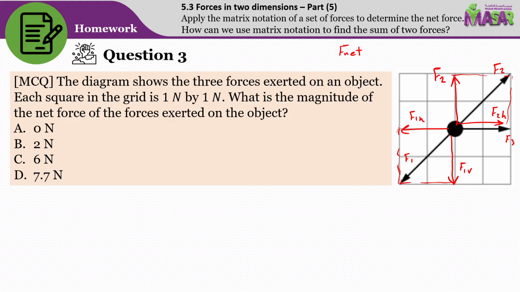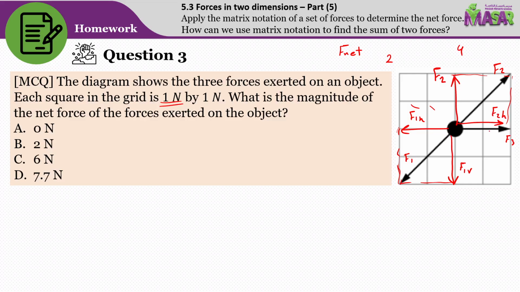So vertically, they add up to zero because up equals down. Now horizontally, the scale is 1 Newton. So we have 2 to the left and 4 to the right. Why is it 4? Because we have 2 units to the right for F2H and 2 units to the right for F3.